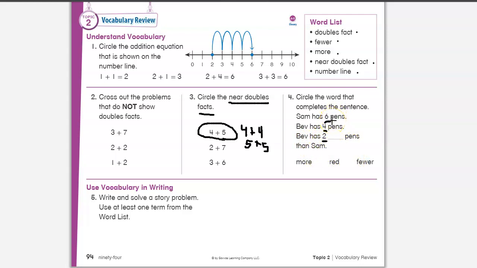If Sam has 6 and Bev has 4, Bev has 2 more or 2 fewer? So does she have more pens than Sam, or does she have fewer, which also means less pens than Sam? So if Sam has 1, 2, 3, 4, 5, 6, and Bev has 1, 2, 3, 4, does Bev have more or less pens than Sam?